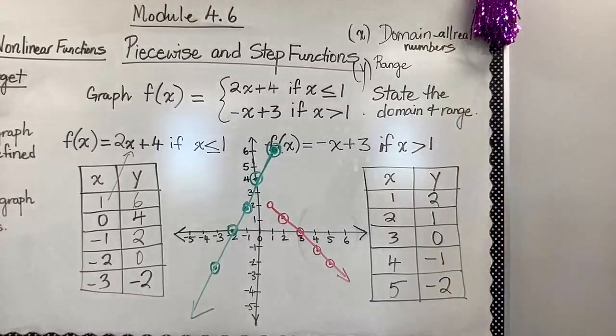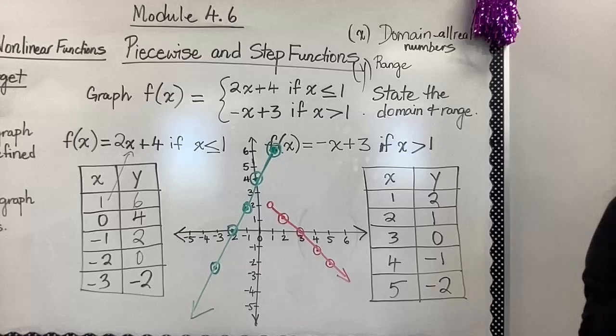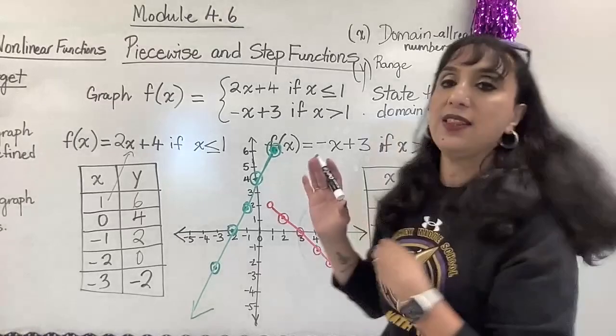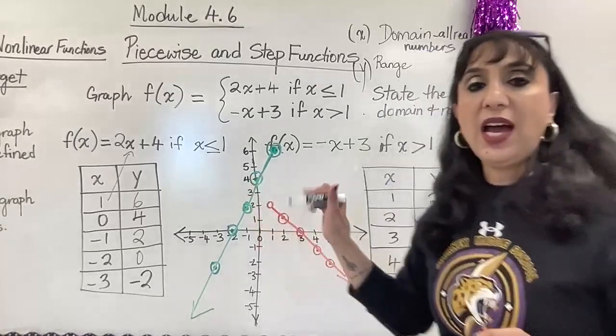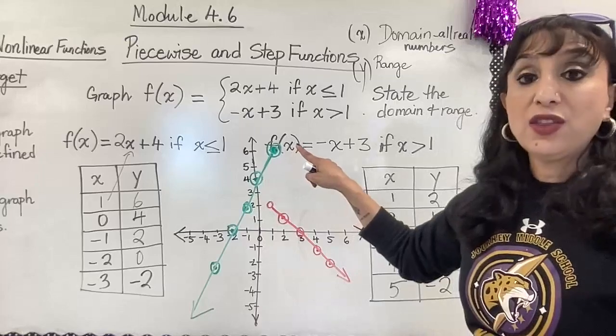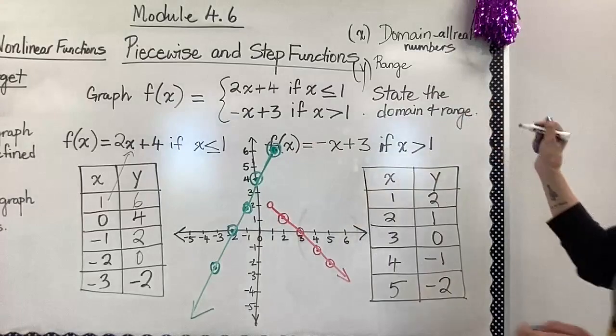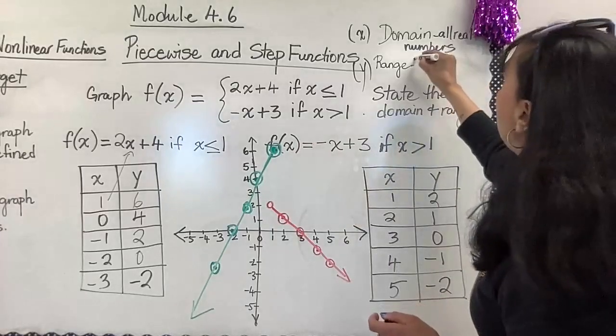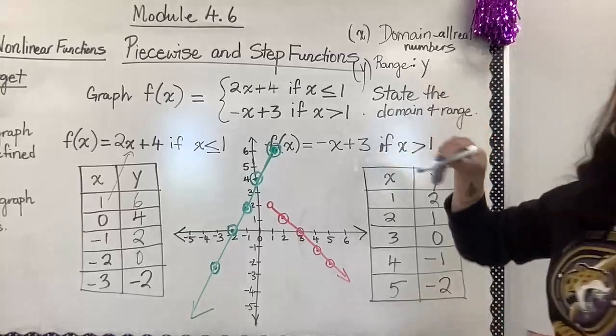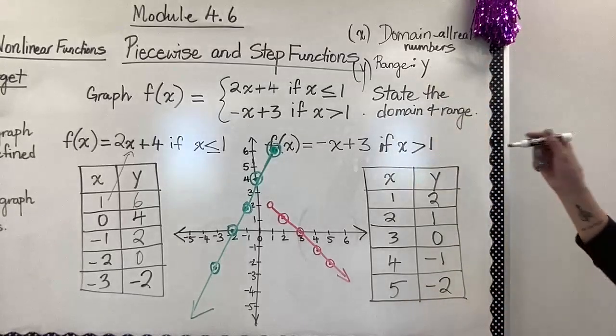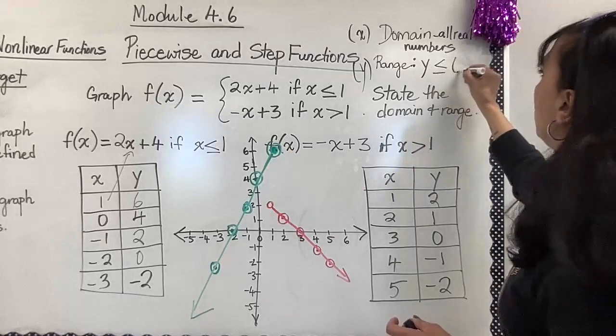And then what is my range? Now that's the one that's affected. For range, we look at what is the highest point in the graph, and the highest point is up here. So it's going to be my y values are going to equal everything which is less than or equal to 6.